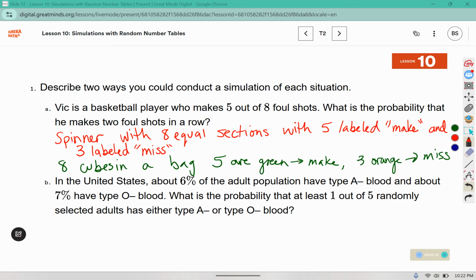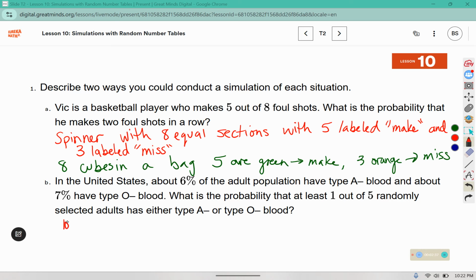In the United States, about 6% of the adult population have type A blood, and about 7% have type O blood. What is the probability that at least 1 out of 5 randomly selected adults has either type A or type O blood?